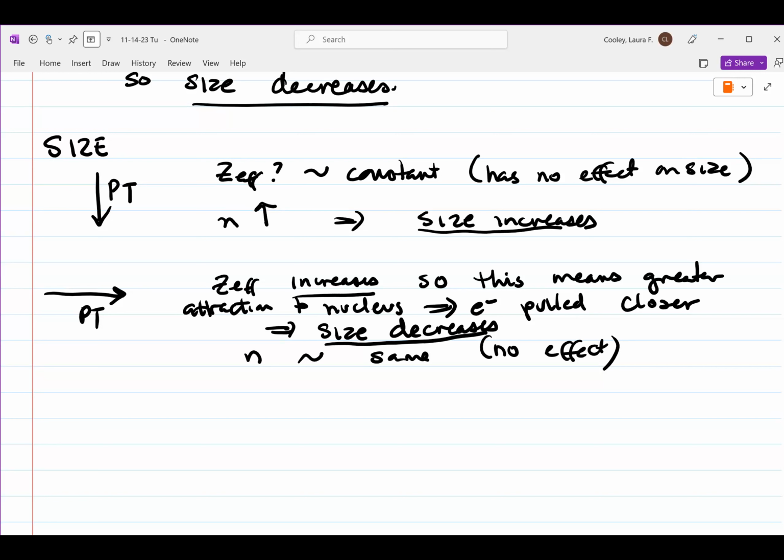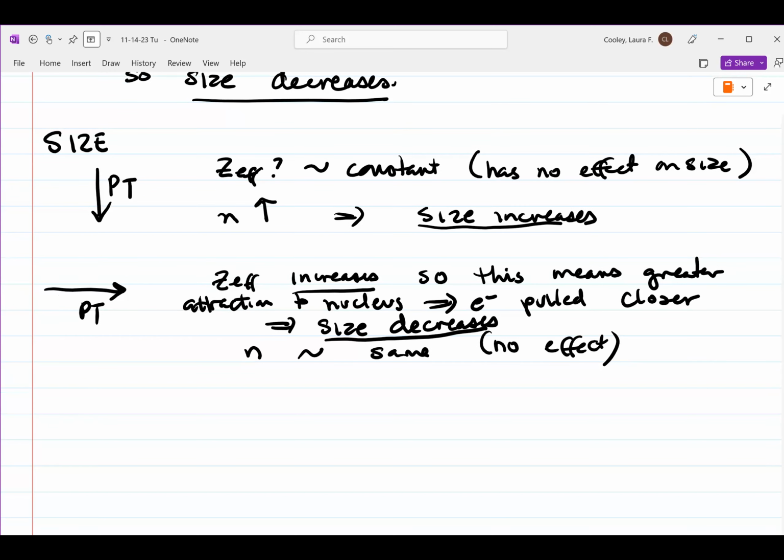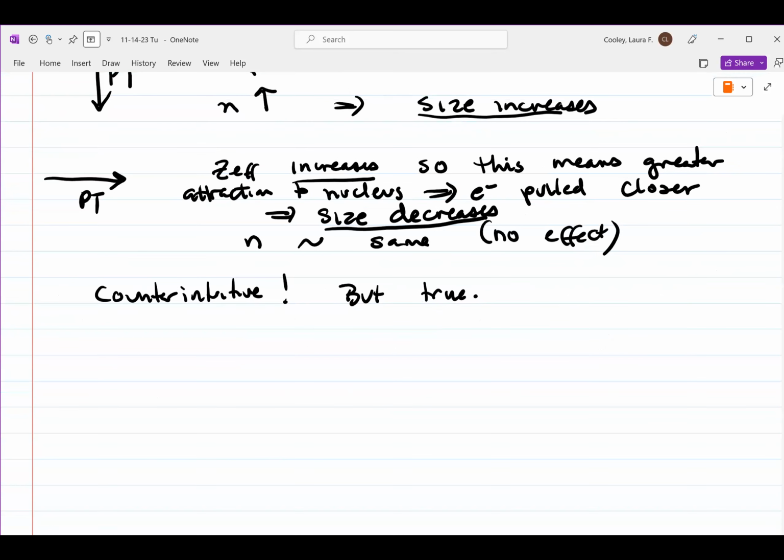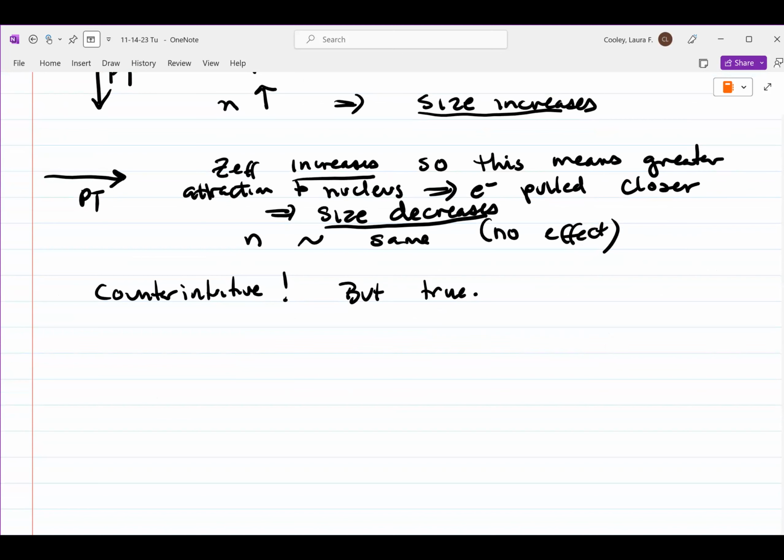But it's because of where you're adding those electrons and the fact that the outer shell electrons do not shield each other very well at all. And so those outer shell electrons become more and more affected by that nuclear charge and get pulled closer as you go across the periodic table. So this is pretty counterintuitive, but it's true. The size decreases as you go across the periodic table.